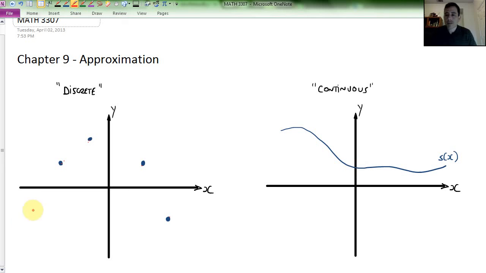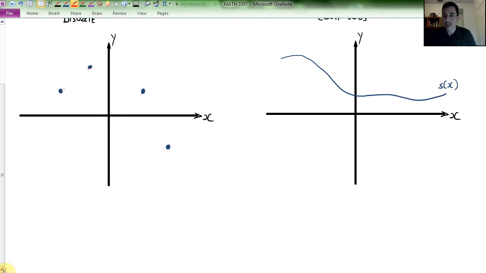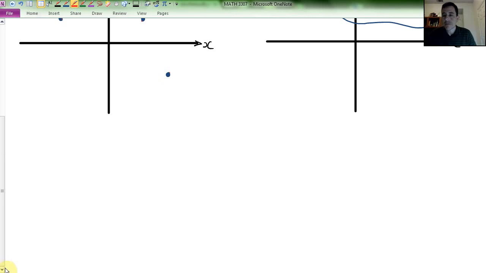So the first topic is the least squares approximation. For those of you who know linear algebra, we've done this before, and the formulas that we get at the end are exactly the same, but it's a different approach. So in linear algebra, we use distance of vectors.